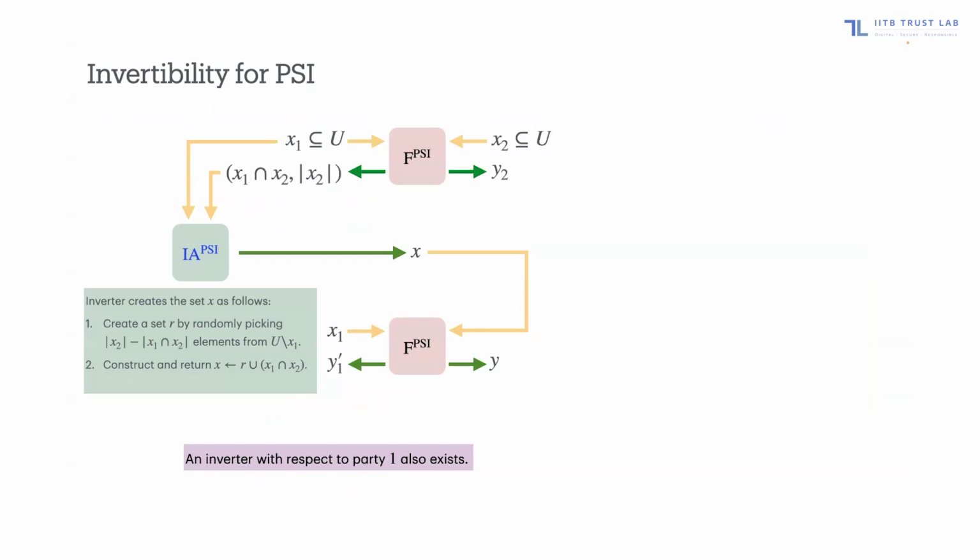So with respect to party 2, we can see an inverter here which says, again, X1 is a set. The output for party 1 is the intersection of the sets and also the size of X2. The inverter would just try to create another set which has the same intersection X1 intersection X2 and has the same size as X2, and thus we can create an efficient inverter in this way.